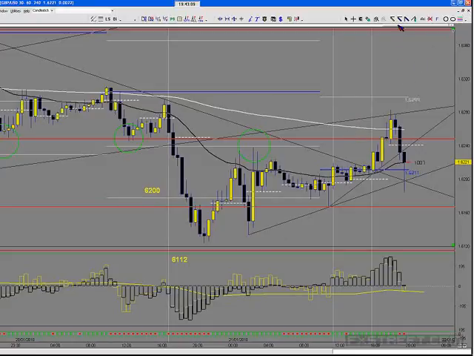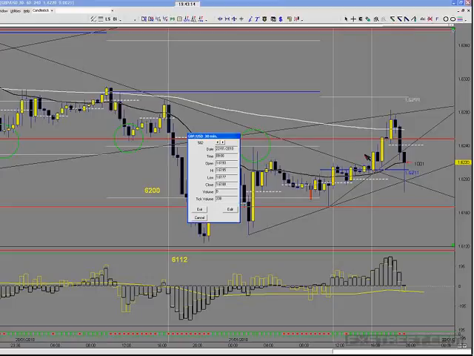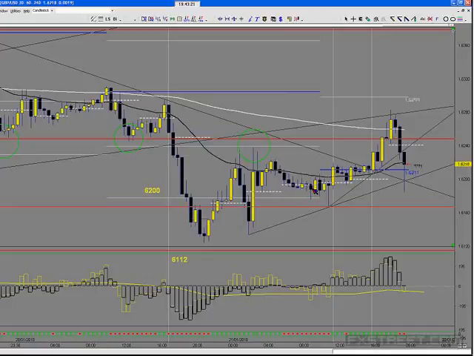Okay, let's have a quick look at the GU. All right, the GU's come down, and see how we got a flat area of price here. It's come down and closed at 61.88. This next one closed at 61.87. So that sort of area here is what this is testing at the moment, and we haven't closed below the 34 EMA.